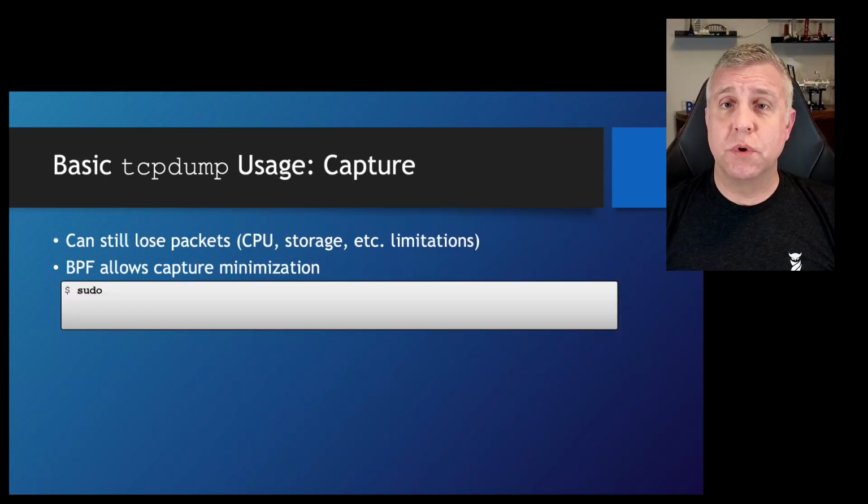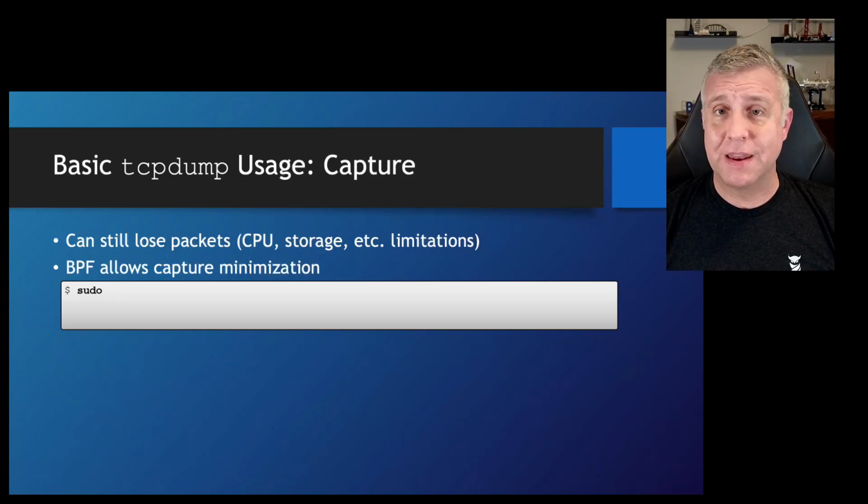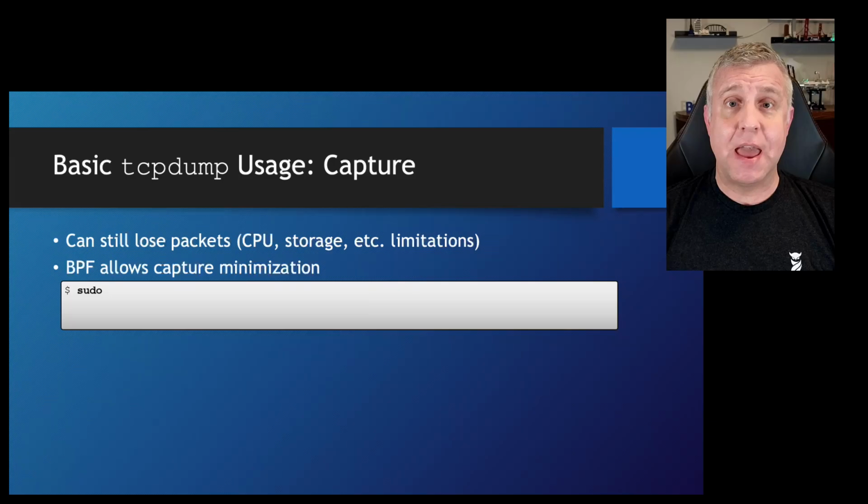First of all, we're going to probably want to run TCP dump with sudo, especially if you're doing any kind of live network capture. The reason for this is in order to capture any kind of Ethernet frame that's being sent to any MAC address other than your own, the network interface has to be placed into what is called promiscuous mode. This is generally a Linux-centric concept, but the same general concepts do carry forward to Microsoft Windows as well.